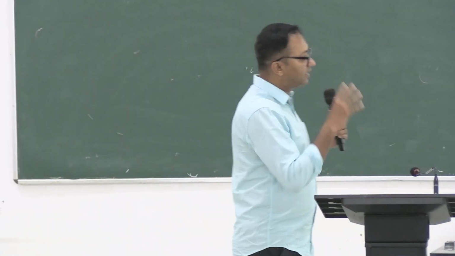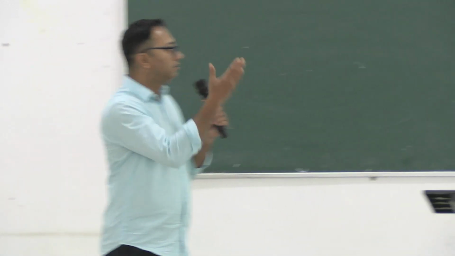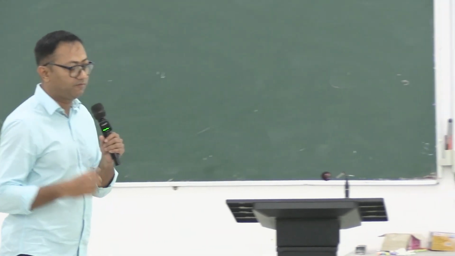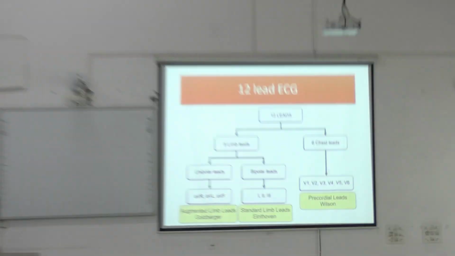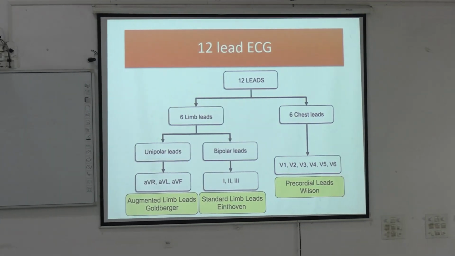Okay, so there are conventional 12 leads in ECG. Those 12 leads are 6 limb leads and 6 chest leads. The 6 limb leads we apply over the limbs, hands and feet, right? And there are 6 chest leads, V1, V2, V3, V4, V5, V6, which we apply on the chest wall, correct?